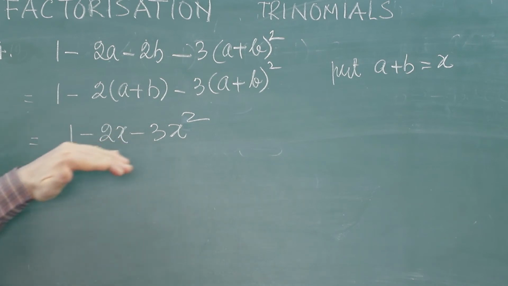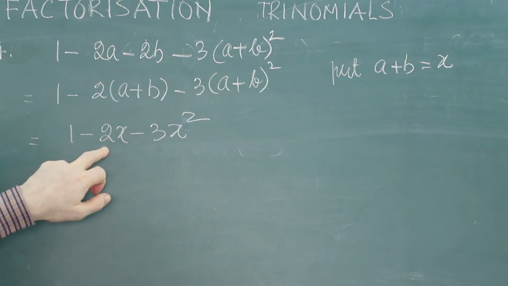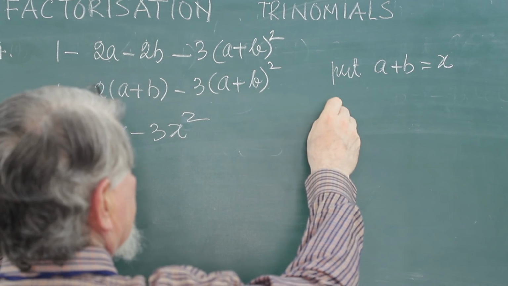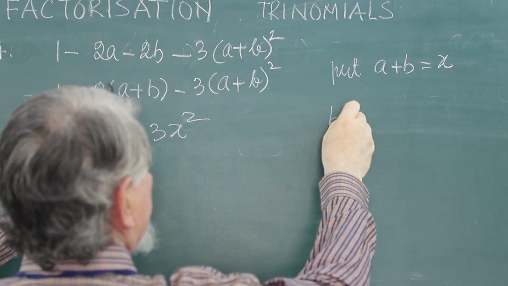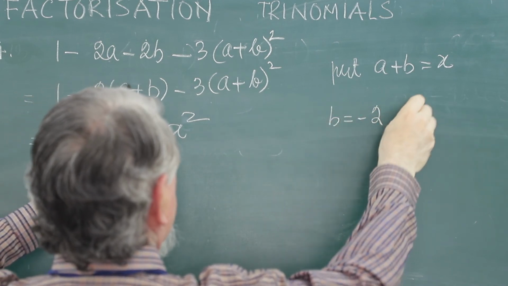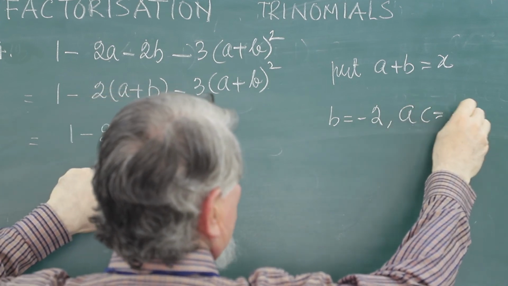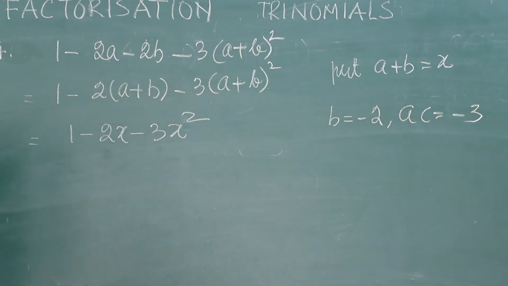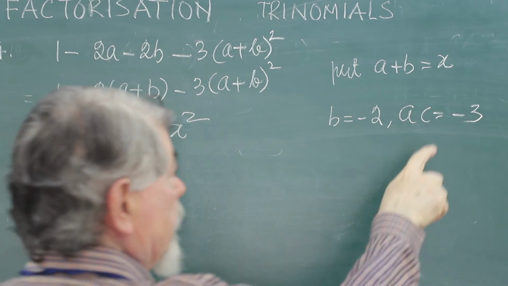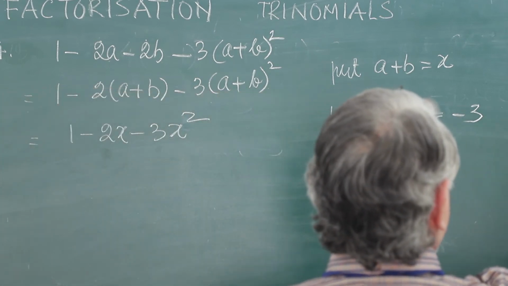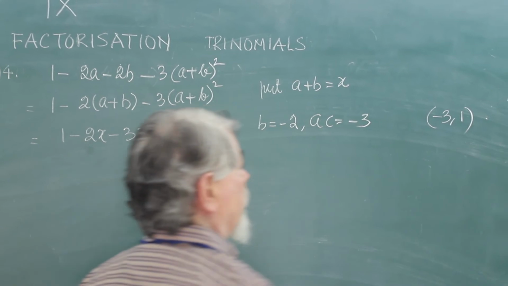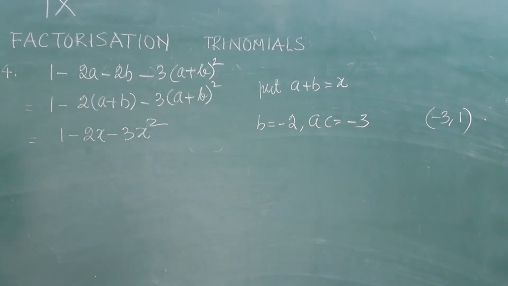And this is again a quadratic, a trinomial. The middle term b is minus 2 and AC is minus 3. So I have to split minus 2, and I'll get minus 3 and 1. Minus 3 and 1 will give me minus 2.